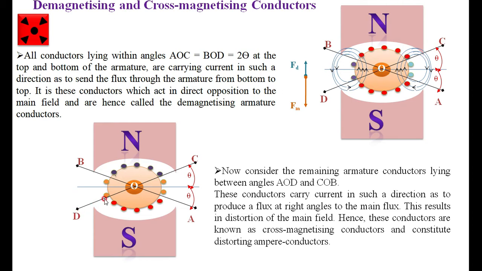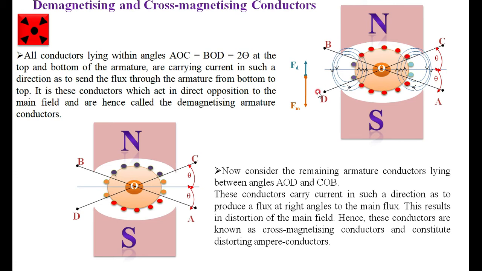That is, conductors between AOD and COB are the cross-magnetizing conductors, whereas the conductors between AOC and BOD are the demagnetizing conductors. Here I am considering a two-pole machine, and the angle 2 theta here is made by the two-pole machine. Therefore, we have to generalize this equation per pole.